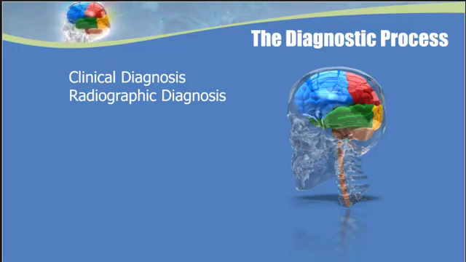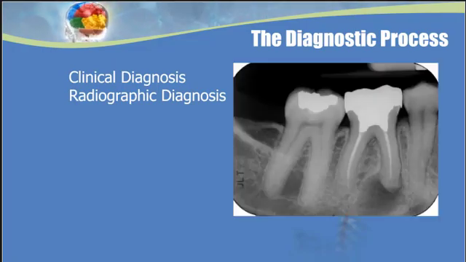Now, radiographic diagnosis will also sometimes give us sufficient information in order to avoid surgical intervention. The first example would be a periapical pathosis, also called an abscess.